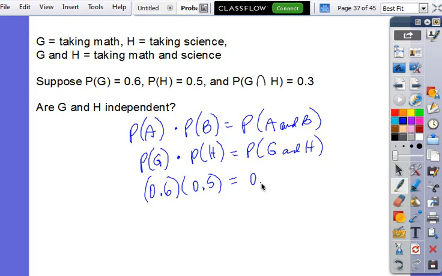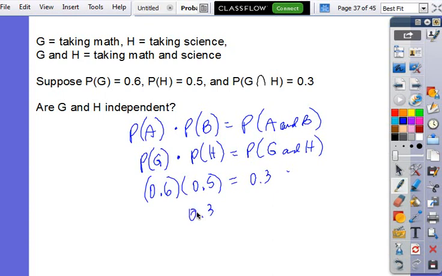If these two things equal each other, then it's independent. If not, then it's dependent. All right, so check that for me. What's 0.6 times 0.5? 0.3. So I get 0.3 equal to 0.3.